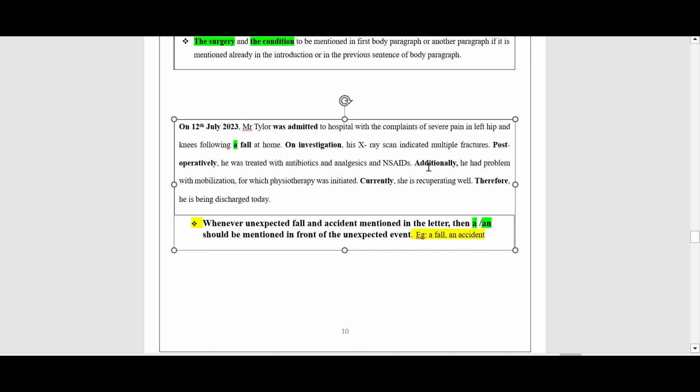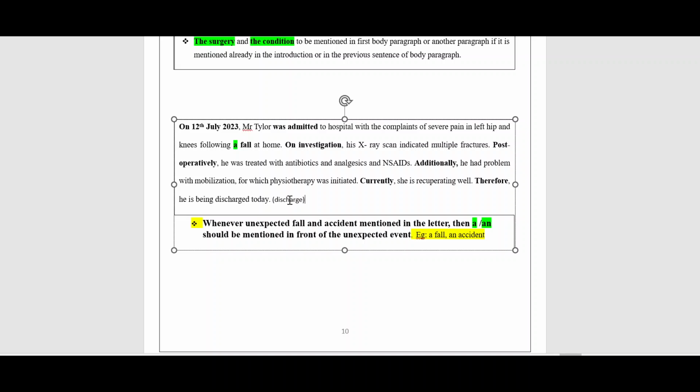These are connectors, for example: additionally, currently she is recuperating well, therefore he is being discharged. What is a discharge here? Anyone?